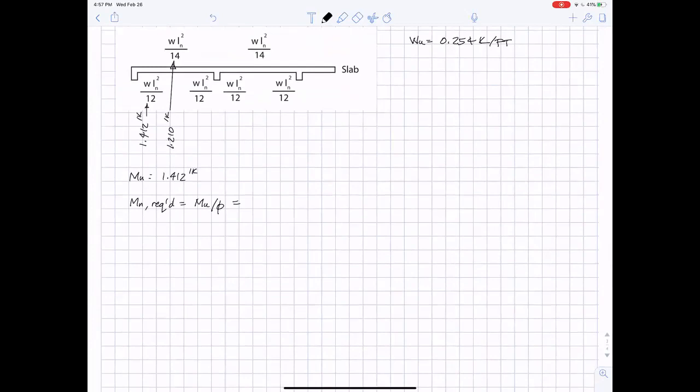So 1.412 divided by 0.9 times 12 is 18.8 inch kips.